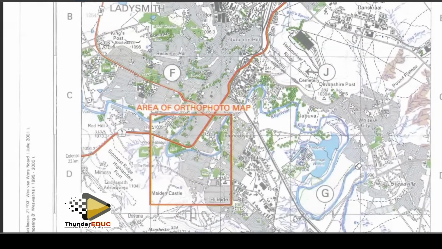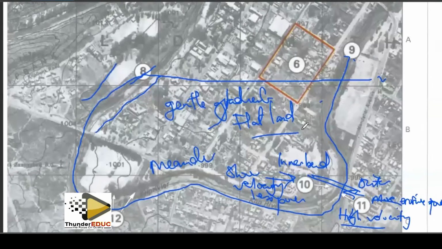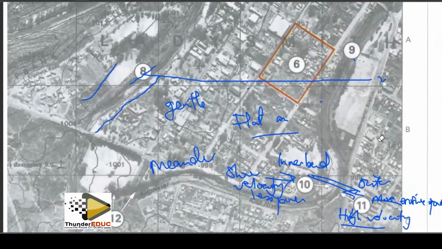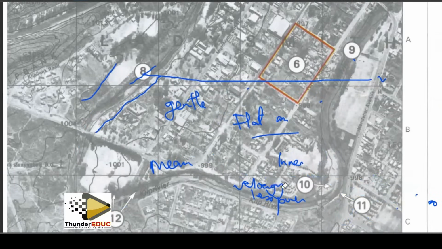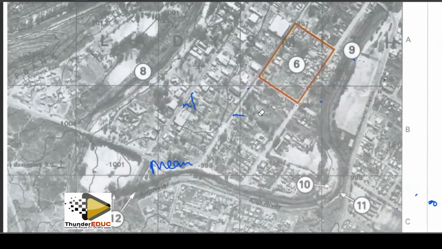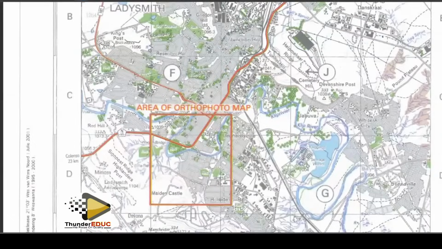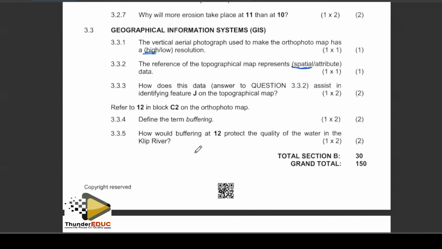So if I am to give my own definition of buffering according to my own geographical understanding, I would present buffering as demarcation around a geographical feature. Putting a demarcation around a geographical feature.